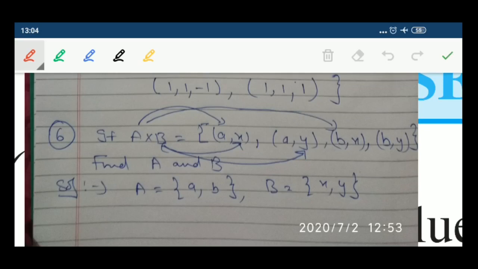Once again you can see the Cartesian product of A cross B is equal to AX, AY, BX and BY.